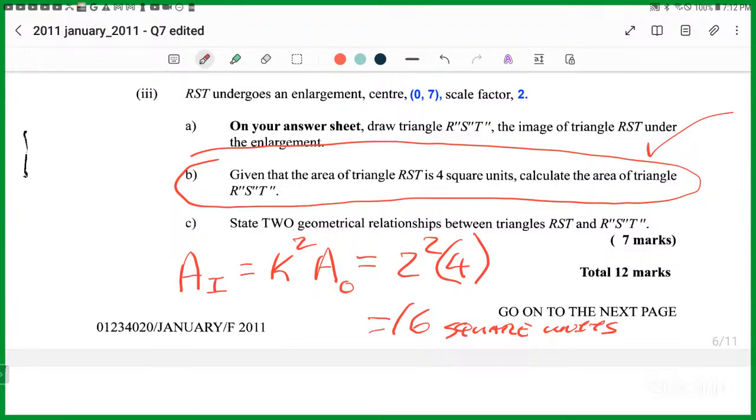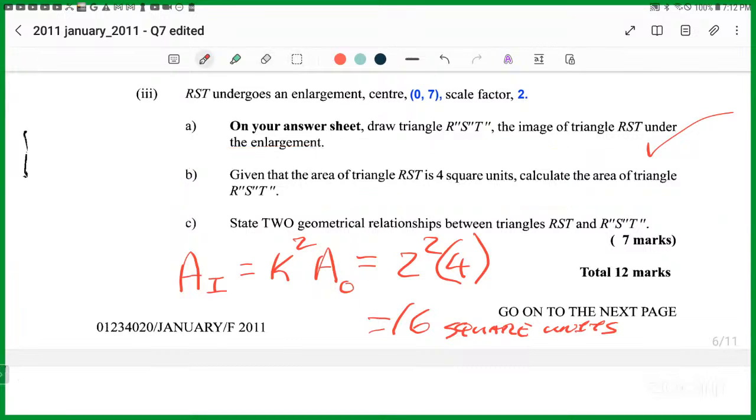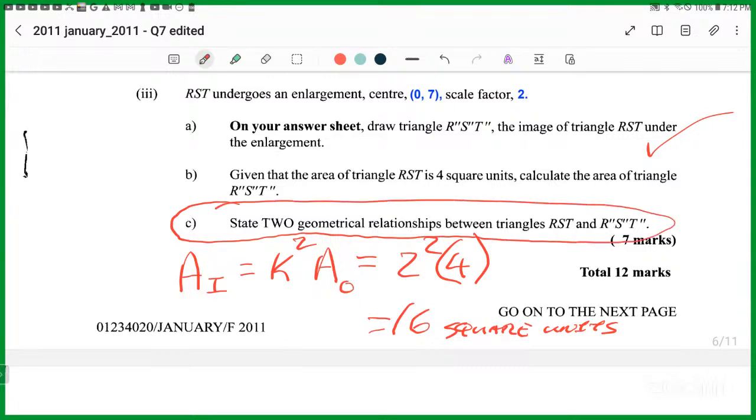The last part is asking us for 2 geometric relationships. The geometric relationship has to do with things like area, parallelism, whether the angles are the same, the length of the sides, stuff like that, perimeter. So the distance on the object is doubled, so the perimeter will be twice, right?